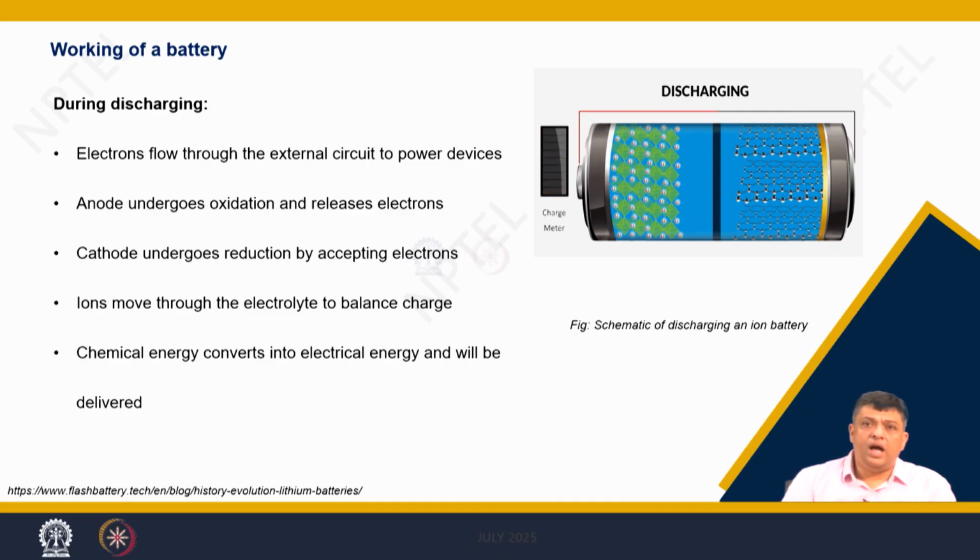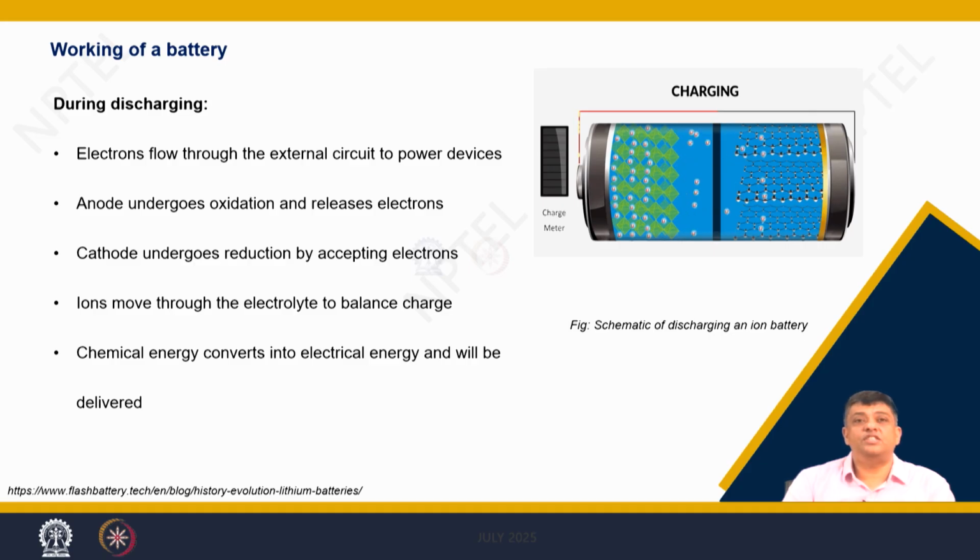So, you have the electrons flowing through the external circuit to power the device, where the anode now undergoes oxidation and releases electrons, while cathode undergoes reduction by accepting electrons. So, what happens here?